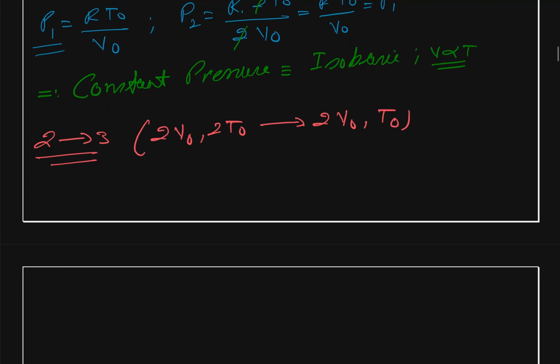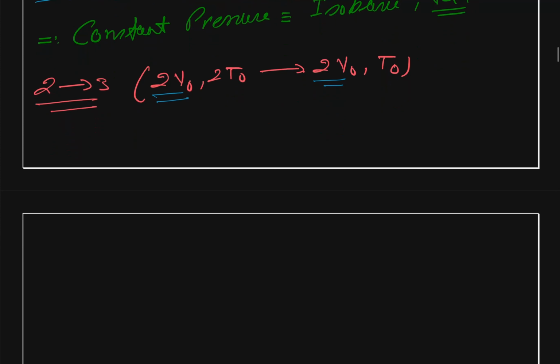So here we can clearly see that our volume is constant, so basically it is isochoric.